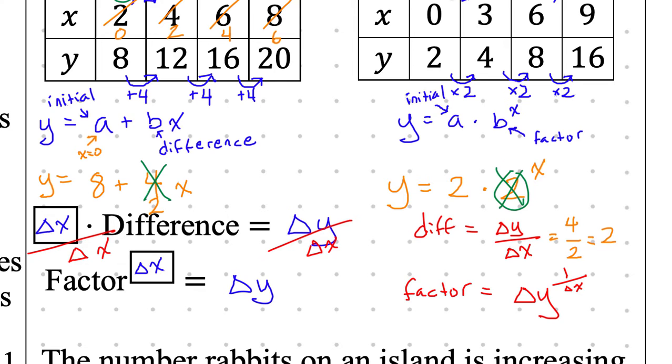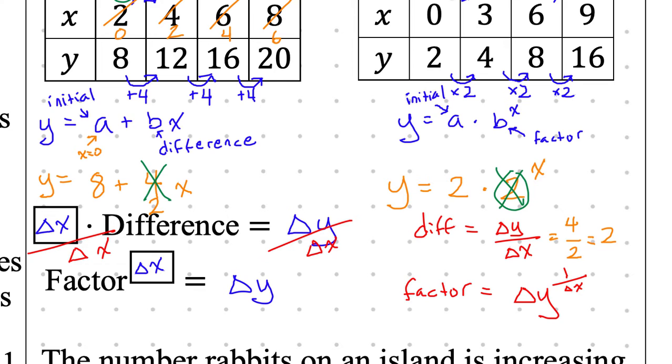I can't just jump from 2 to 4 because I won't know the true difference. A real table, if I had every single step by 1, should go 2, 3, 4, 5, 6, 7, 8. I'm missing values. To account for those missing values, we have to do this method. So the true difference is stepping by 1 each time. The true factor is multiplying after I take 1 step in the x direction. Just 1 and 1. I can't jump 3 each time. That leads to some weird math.